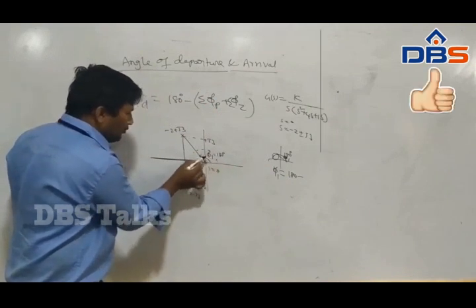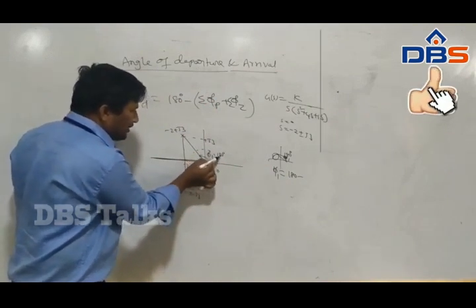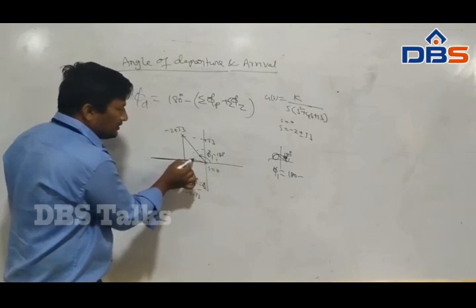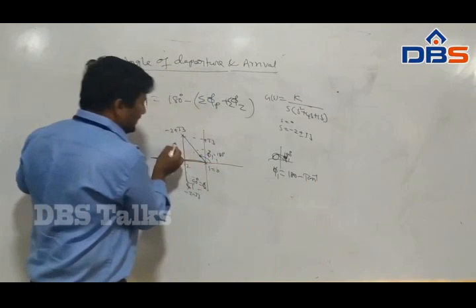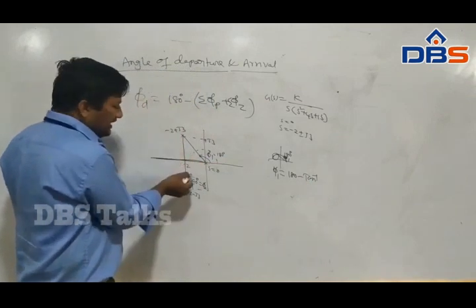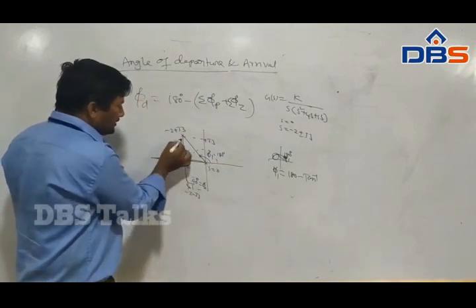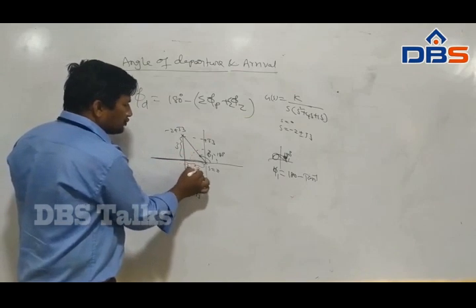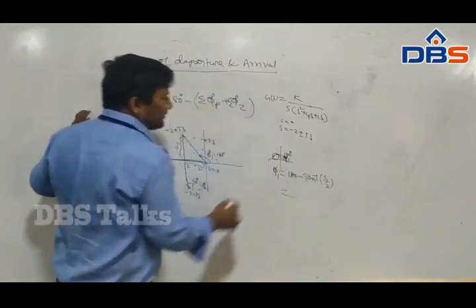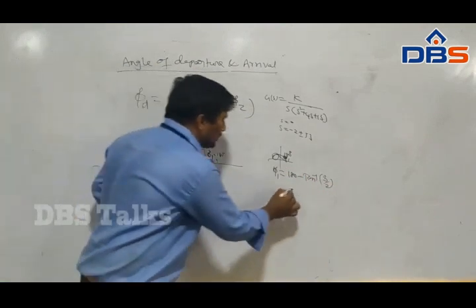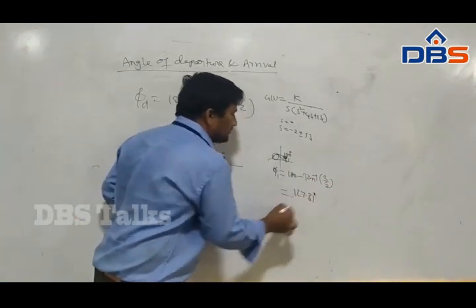180 degrees, now we have to calculate phi 1. It is nothing but 180 degrees minus this angle. This angle is tan inverse of opposite by adjacent. Opposite value is 3, adjacent value is 2, so tan inverse of 3 by 2. This will be around 127.31 degrees.